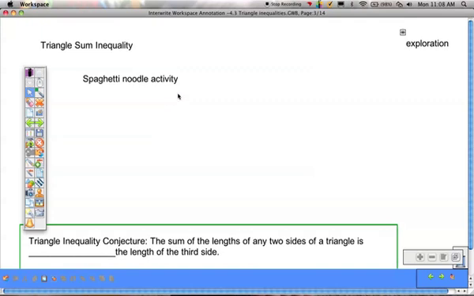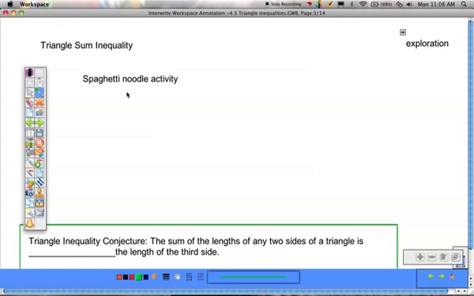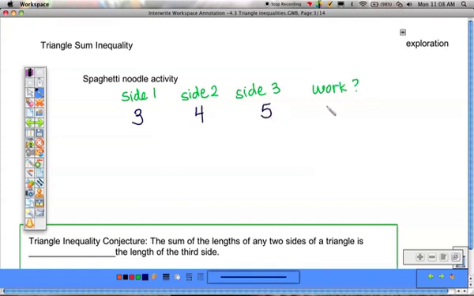So for example, let's say we had side 1, side 2, side 3, and does it work? All right, so for example, if we had side 3 and side 4 and side 5, this works.